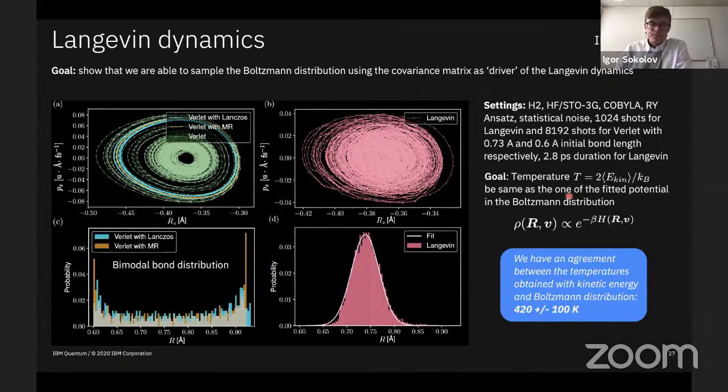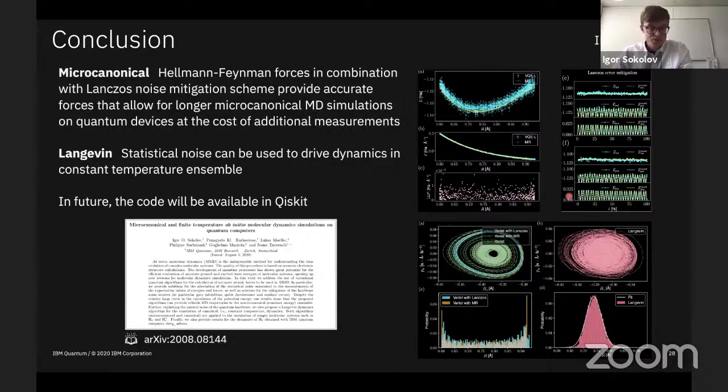So having this, we now arrive at the conclusion of my talk. We have seen that we can use Hellman-Feynman forces in combination with Langevin's noise mitigation scheme to provide accurate forces that allow for longer simulations.